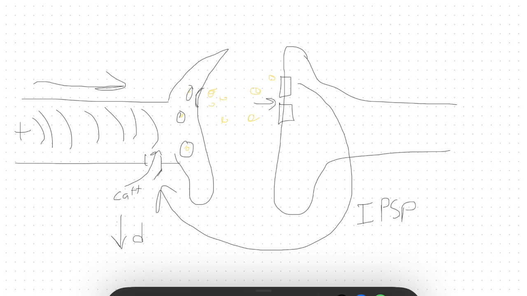Depending on which one of these two potentials occur, if the summed potential reaches the threshold, an action potential is initiated and then propagated along the axon.